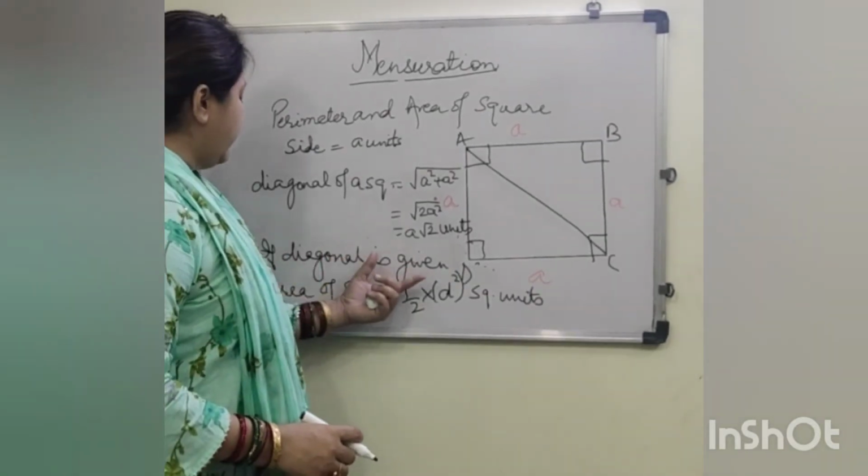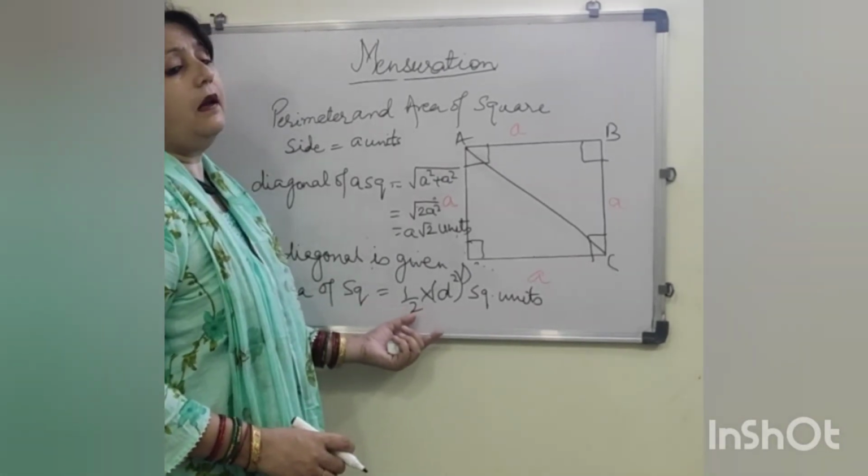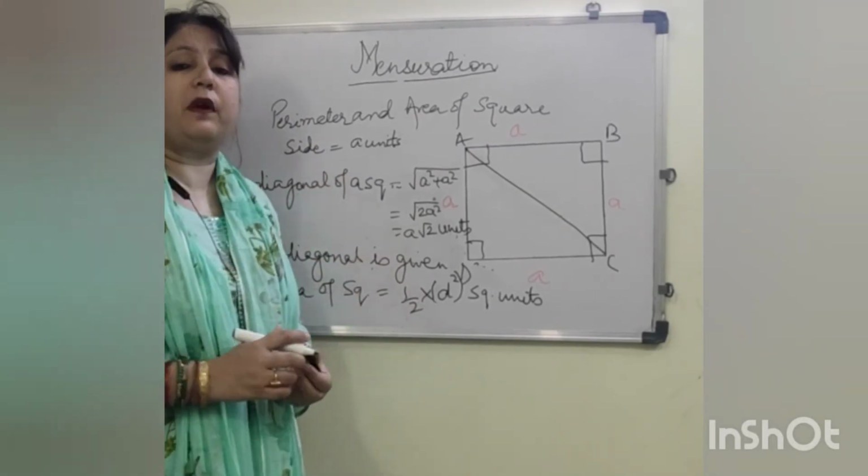If diagonal is given, then area of square is half into diagonal square. I hope till here I am clear to everyone.